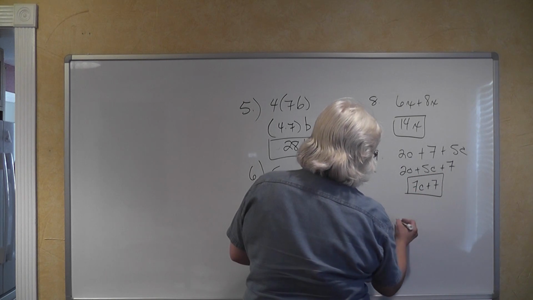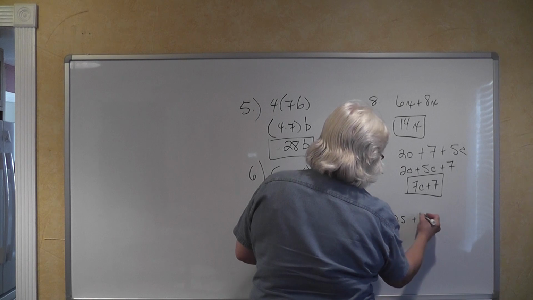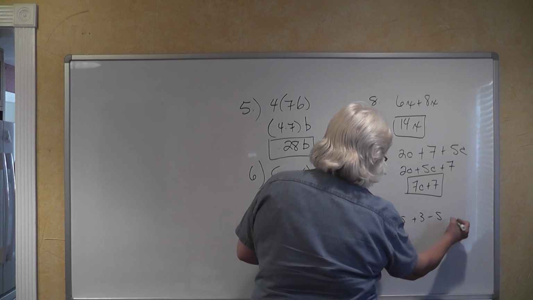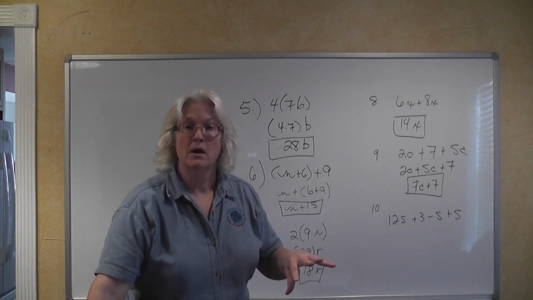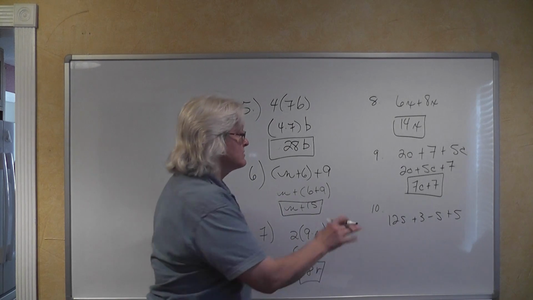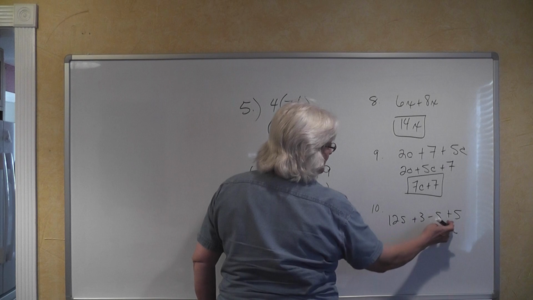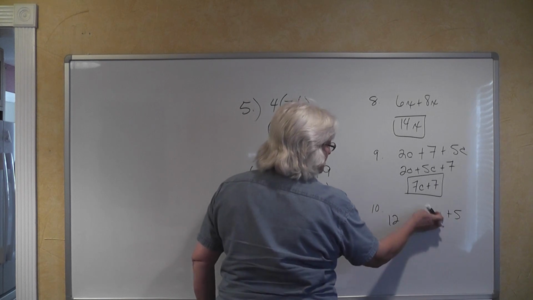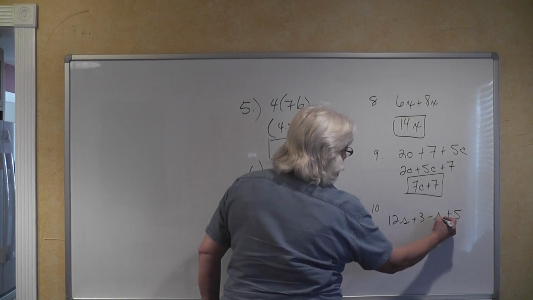Our final example, 12s plus 3 minus s plus 5. I'm going to use our commutative property that allows us to change the order so that we can group like terms together. Look at the s and the 5. Let me use a script s instead. 12s minus s.